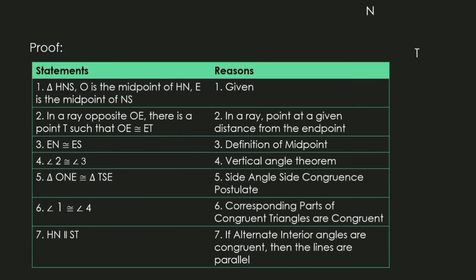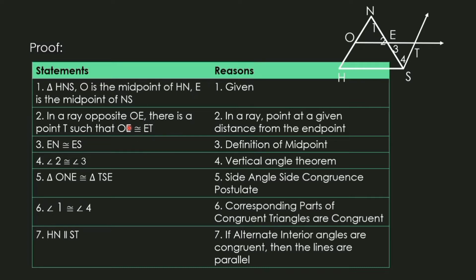Proof. Statement number 1. Triangle HNS, O is the midpoint of HN, E is the midpoint of NS. Reason: given. Take note in proving, always number 1, yung nakastate sa given. Tapos yung reason ay given. Next, number 2. In a ray opposite OE, there is a point T such that OE is congruent to ET.